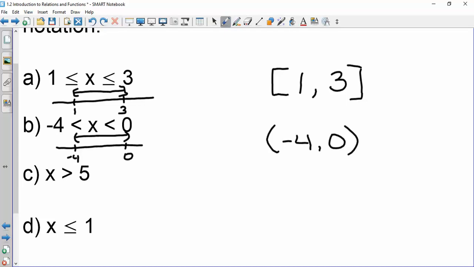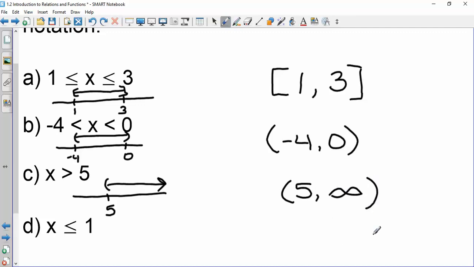All right, C. X is greater than 5. So if you think about your number line, you're starting at 5, parenthesis, and it's everything larger than that. So you have to put a starting and a stopping point. So it would be 5, comma, where does this end? And infinity gets a parenthesis no matter what.